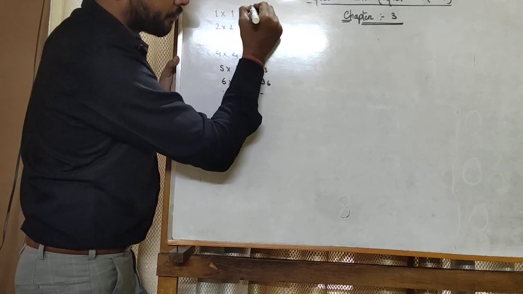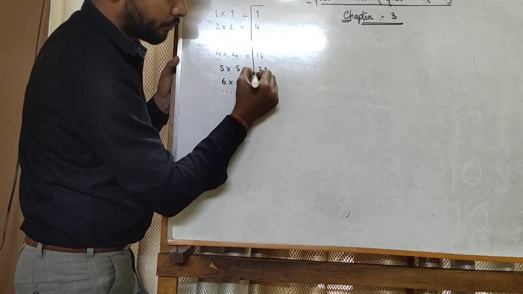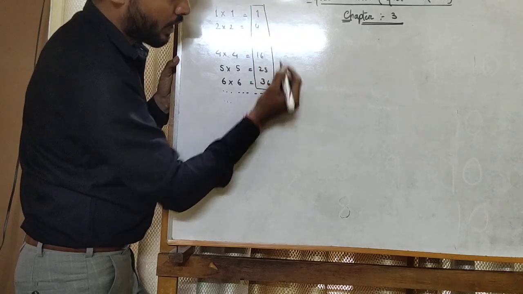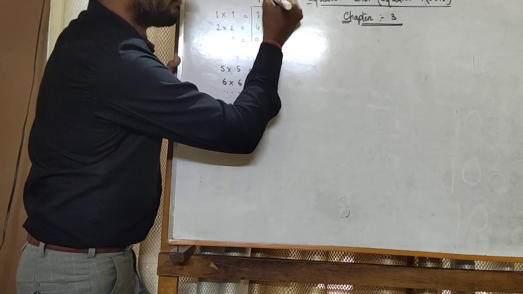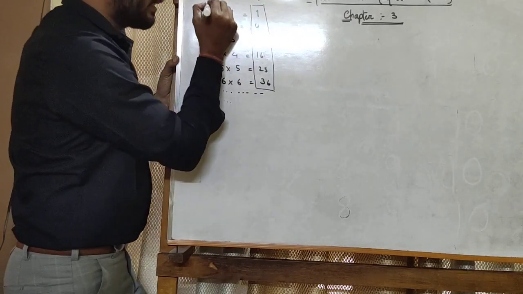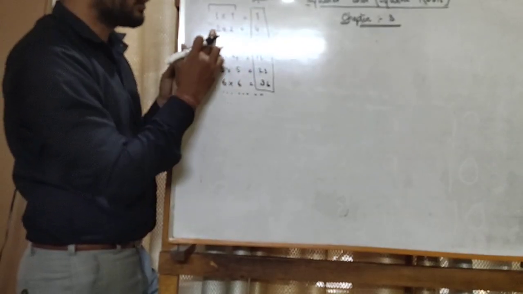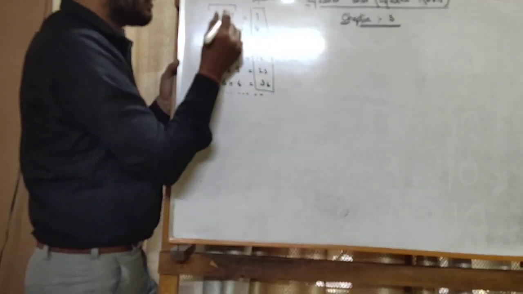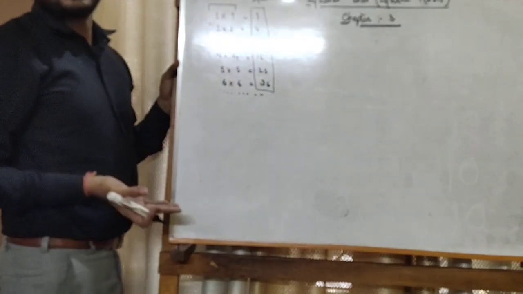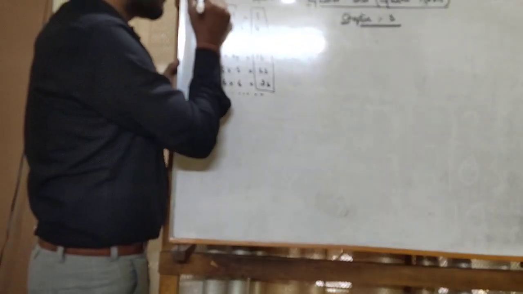So here, these numbers are the squares, and the numbers here, this number 1 is multiplied with 1 to give you 1, 2 is multiplied with 2 to give you 4. The numbers which are multiplied by themselves are the square roots.